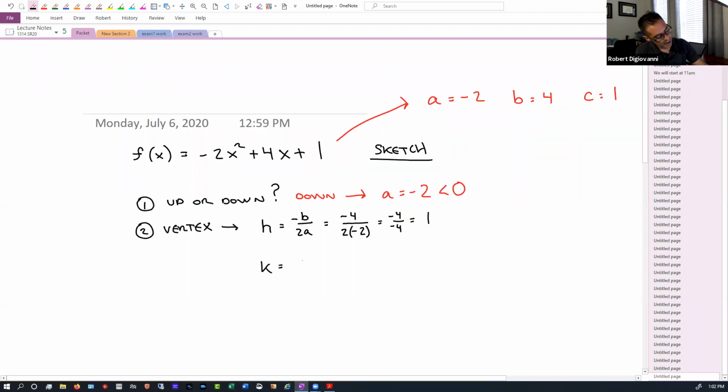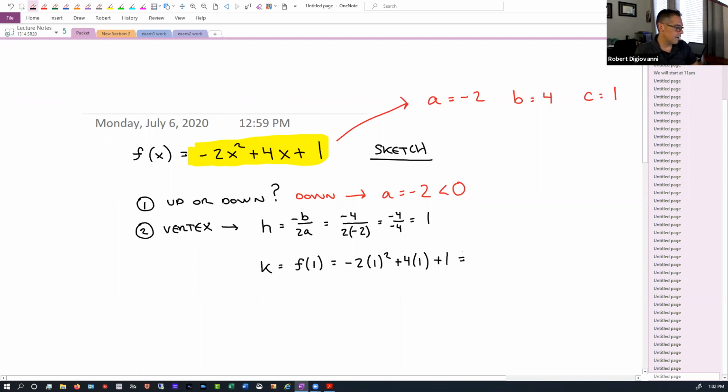Now we find k. And to find k, all we do is take the answer we just got, 1, and plug it into the function. We've done this before. We have the function here. It's been given to us. And now all we need to do is plug 1 into it. So we plug 1 in: -2 times 1 squared, plus 4 times 1, and then +1.